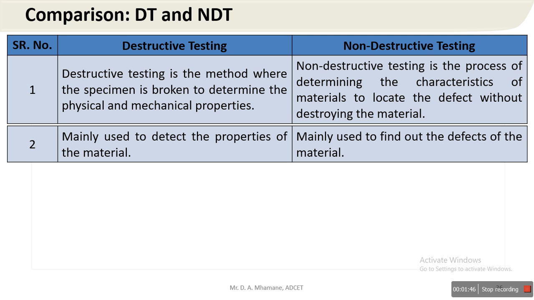So the second difference or comparison: destructive testing methods are mainly used to detect the properties of material, and NDT is mainly used to find out the defects of material. Defects, or we can say discontinuities. There is a difference between discontinuity and defect. So in destructive testing, in relationship with application of load, the material fails and we get a value of property.